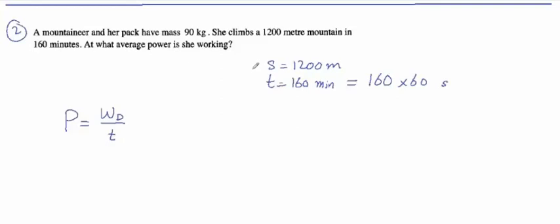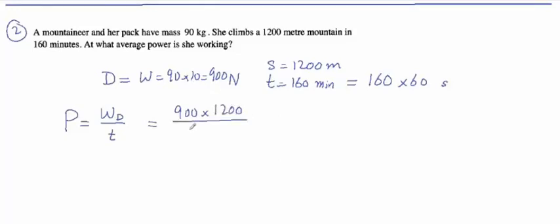It means that she is working against gravity, so the driving force will be equal to her weight. Work done by the driving force is force times distance moved, divided by the time taken. This much. Then we will calculate this.